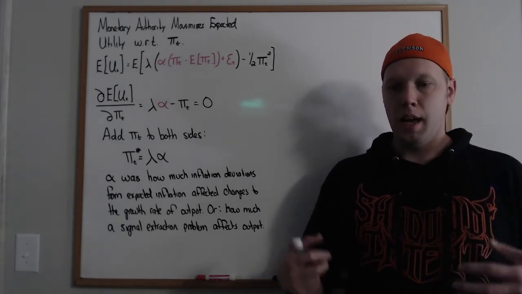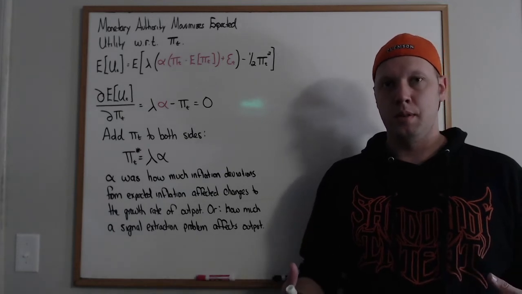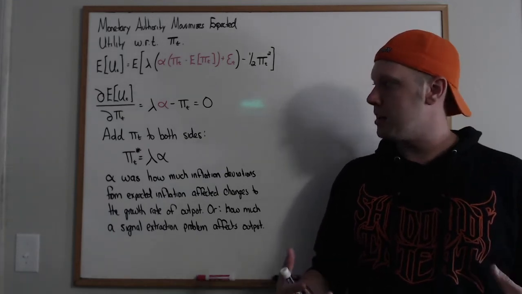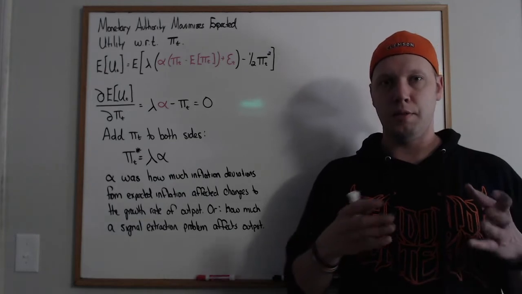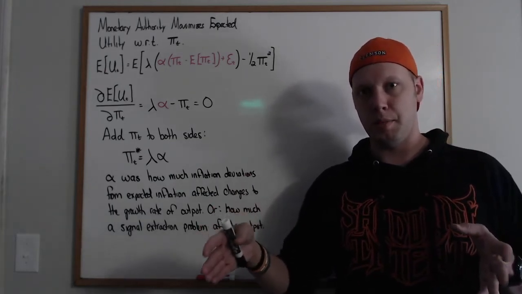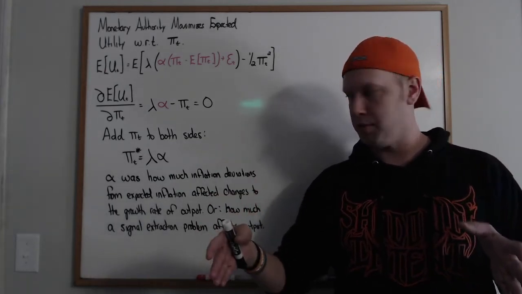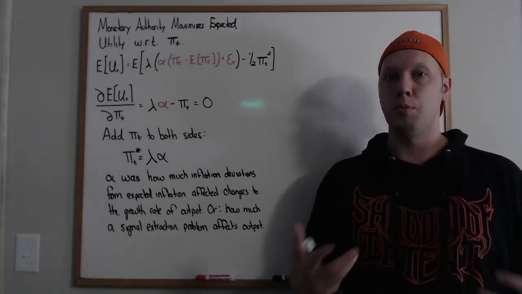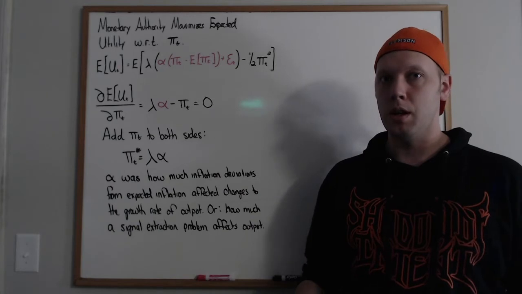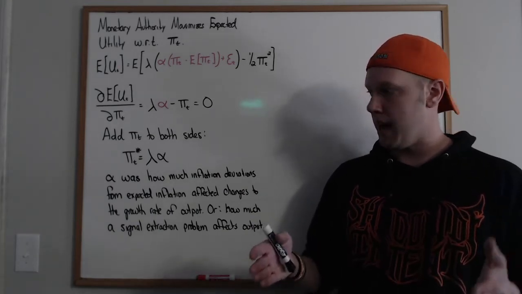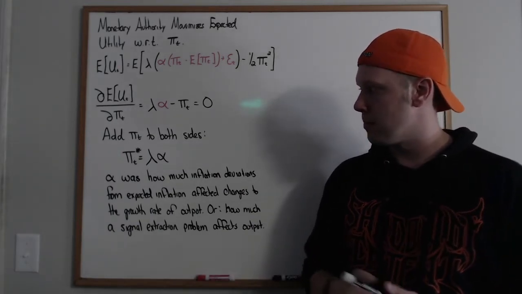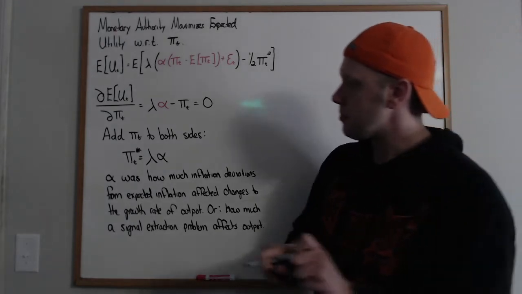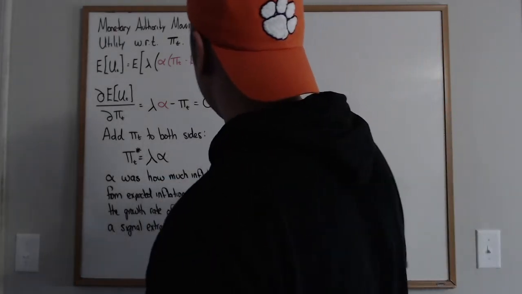So if they're more responsive to changes in inflation from what they expected, actual minus expected inflation, you're going to see more of a change in output as a result of this deviation of actual inflation from expected inflation. Let's talk about what lambda was again.